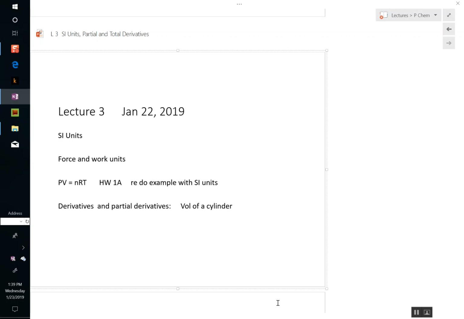So it's negative nRT over P squared. Okay, you follow? This is just some simple derivatives, but just kind of working it out with the ideal gas law as your relationship. So B, C, and D similarly, just go through there, rearrange the equations, and do that. Now let's see.